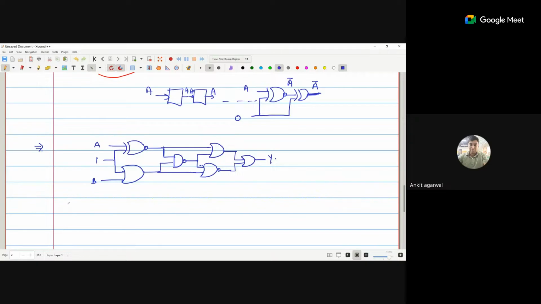Find the condition of A and B for which y plus b.